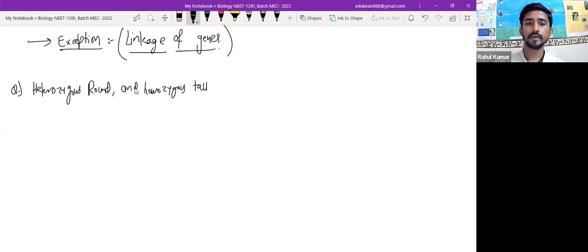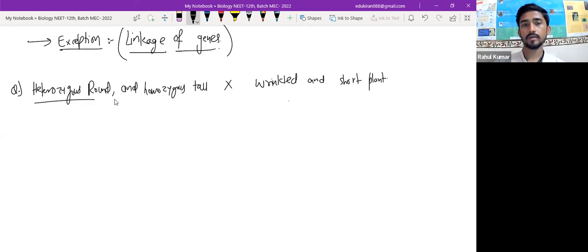A heterozygous round and homozygous tall plant was crossed with wrinkled and short plant.